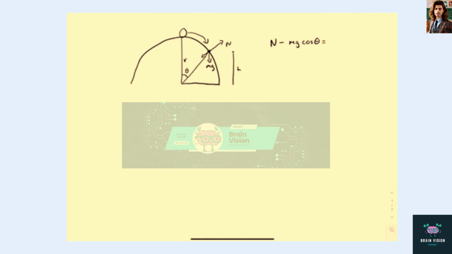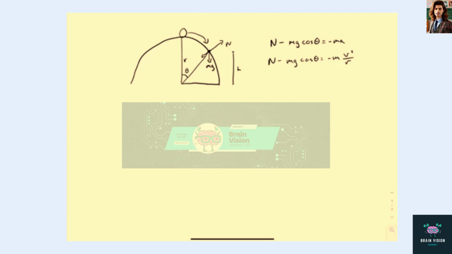And this is going to equal ma, but we're falling down, so this is going to be minus ma. So this is N minus mg cosine theta. It's going to equal minus m times v squared over r. That's how we convert it when we're working with centripetal acceleration.